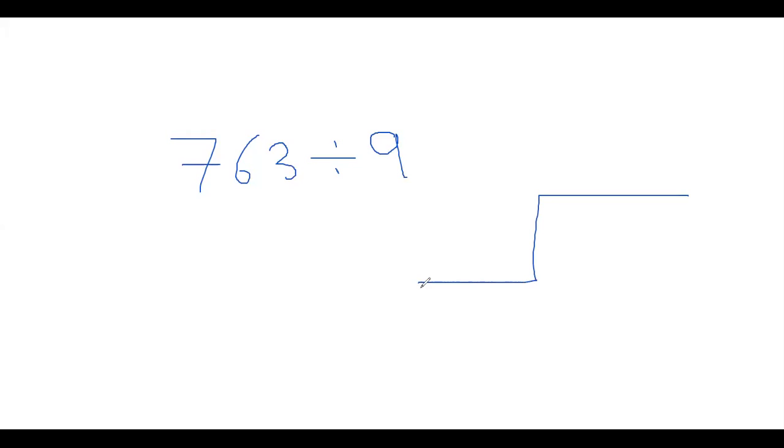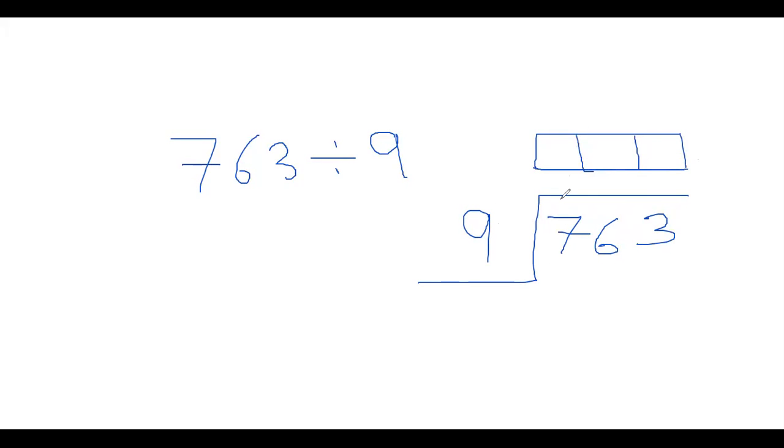I'll make it harder than this. So I make it like 763 divided by 9. Okay, so how to do that? The first thing we need to do is a long division. So this is the long division. Here we have 763, and here we have the 9. Now we will make the place value chart like this.